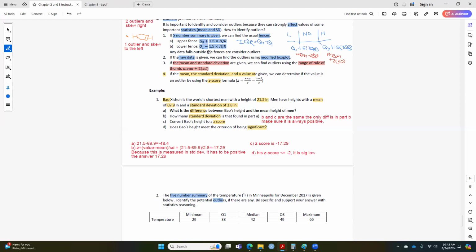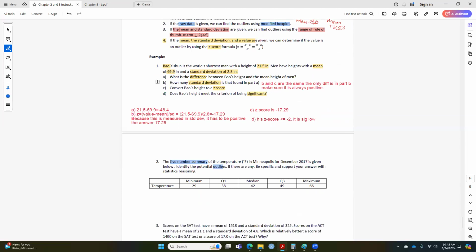That means we have to use this formula. We cannot use the box plot, because the question did not give us the raw data. And you cannot use the empirical rule, because the question did not give us the mean or the standard deviation. So you have to use the first one.